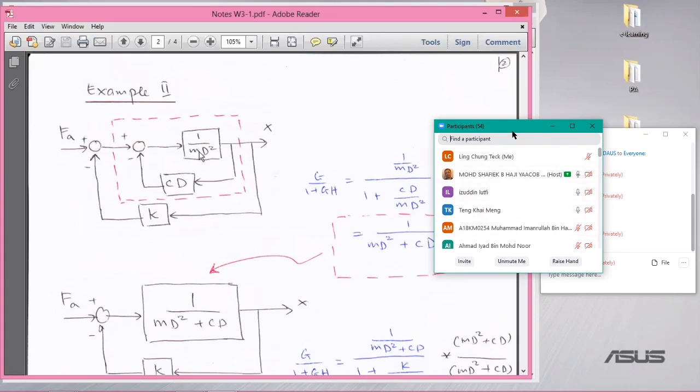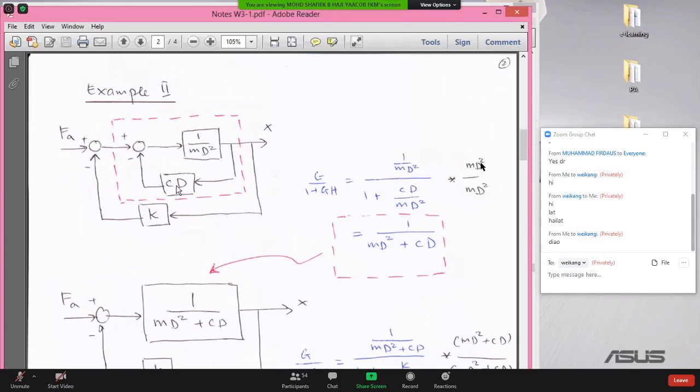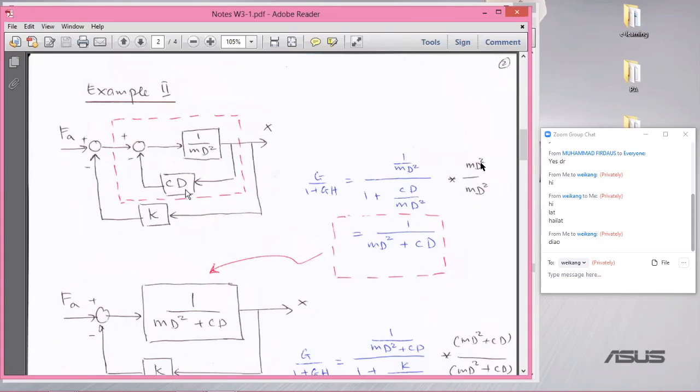G is 1 over md squared, H is equal to cd. So you can replace this with G divided by 1 plus GH, and then you simplify and get 1 over md squared plus cd. So you can replace the whole thing in the dotted red line with just a single block.